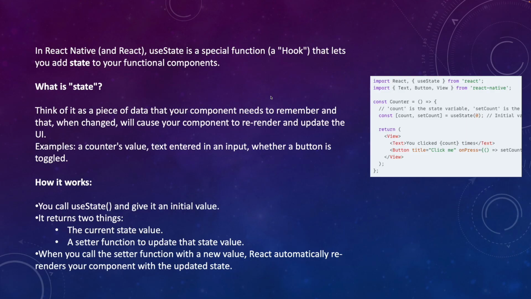For that purpose, we have a hook called useState, where you set an initial value, and it has a setter function which allows you to update that particular value. When you update that, the component automatically updates and renders the new value. So that's how state works, and that is how state is supposed to work.